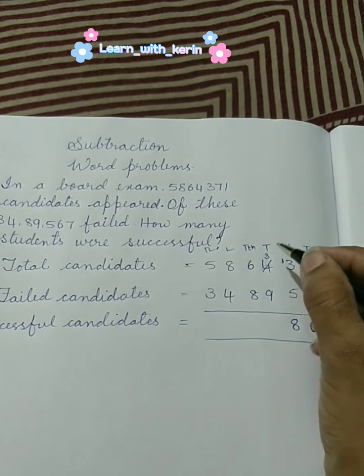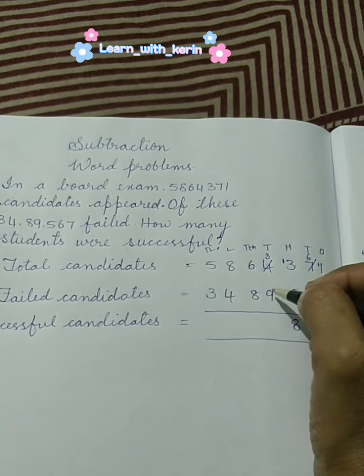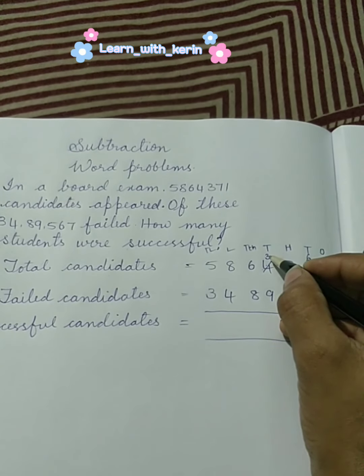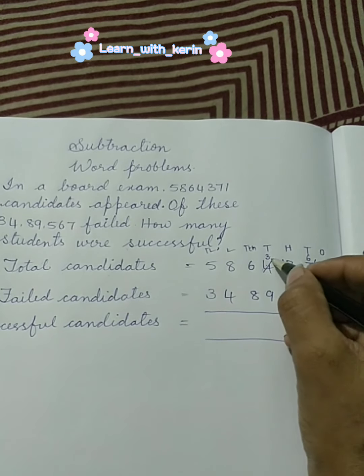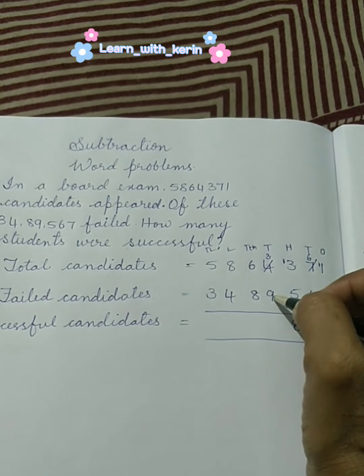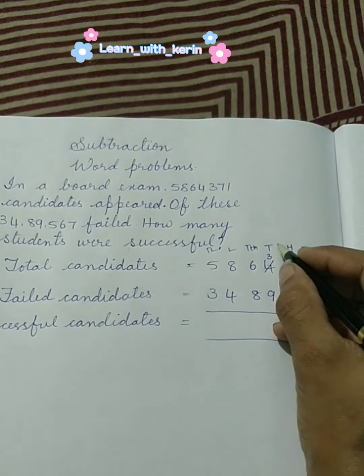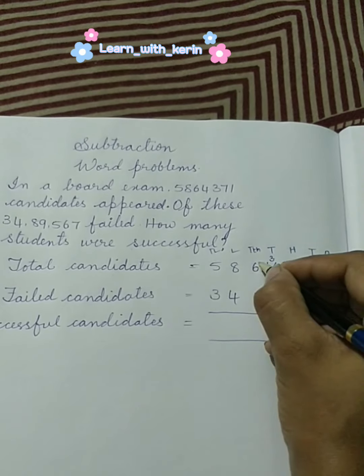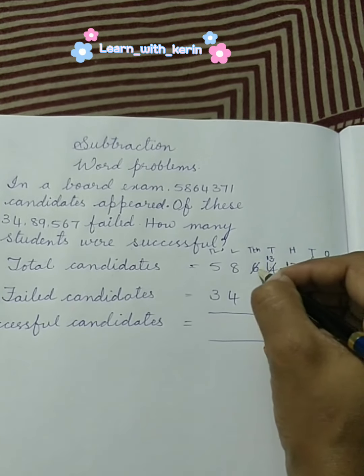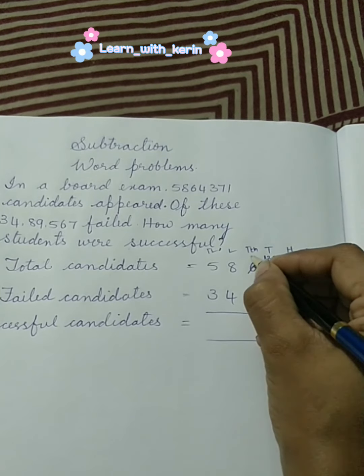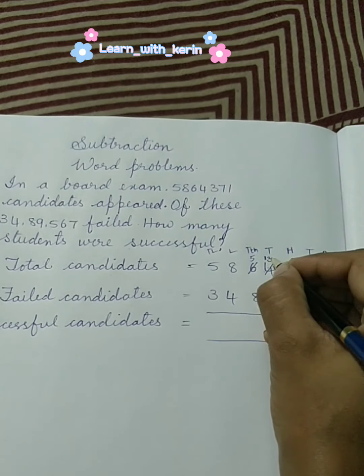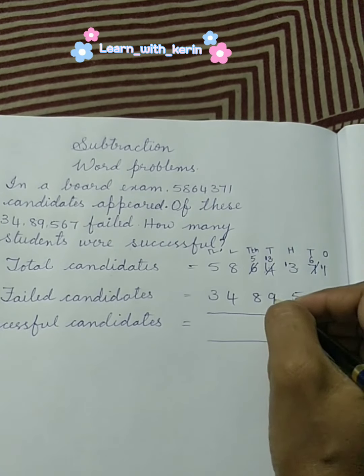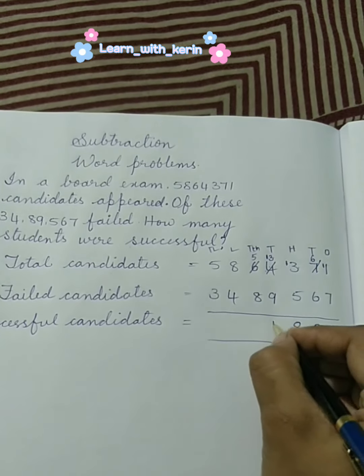Next, we'll subtract numbers in the thousands place. In the thousands place, up we have 3 and down we have 9. From 3 we cannot subtract 9. So we'll borrow from the neighboring number. From 6, if I give 1 here, 6 minus 1 is 5. This number became 13 now. In 13, if I subtract 9, the remainder would be 4.